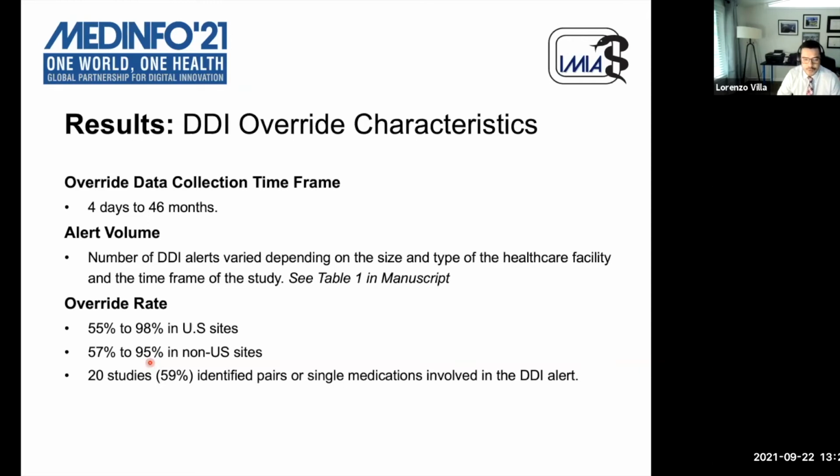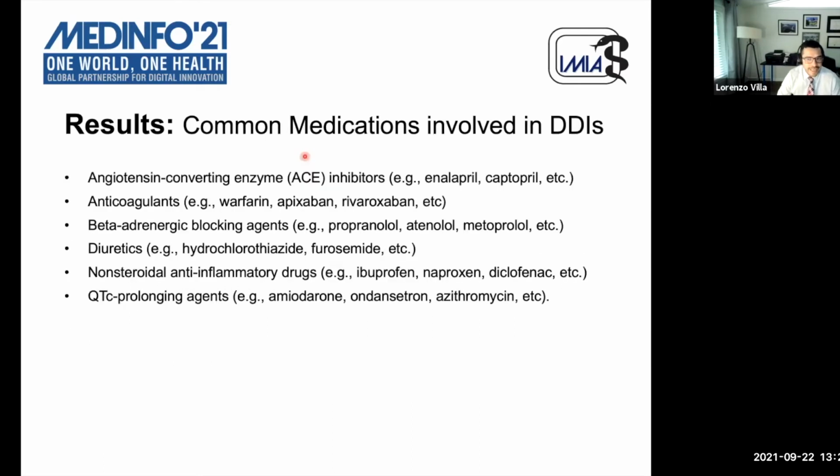Also, 20 studies out of 34 identified pairs or single medications involved in the drug-drug interaction alert. So take a look at the common medications. Most of the medications involved in overrides are mostly medications used for cardiovascular disease.